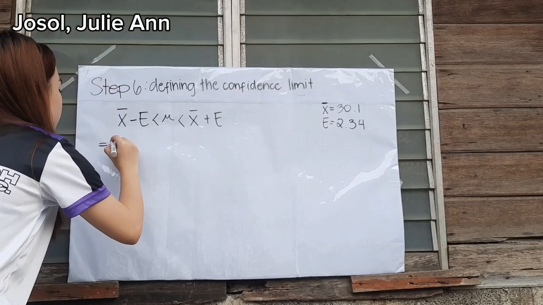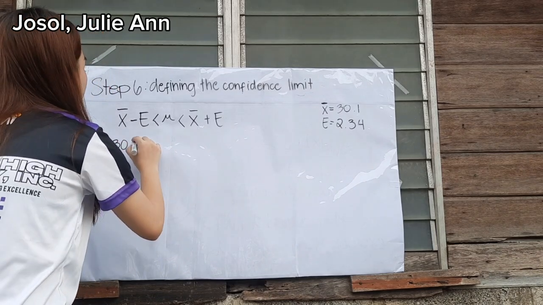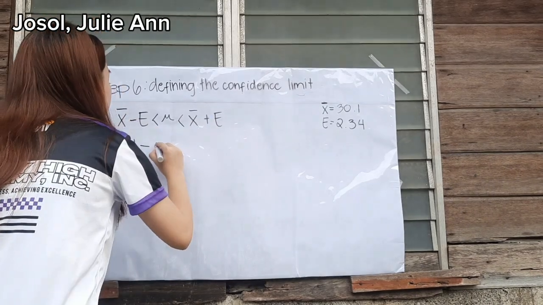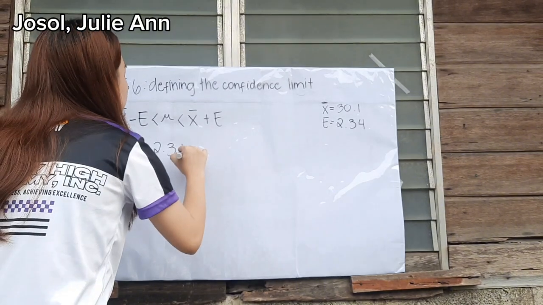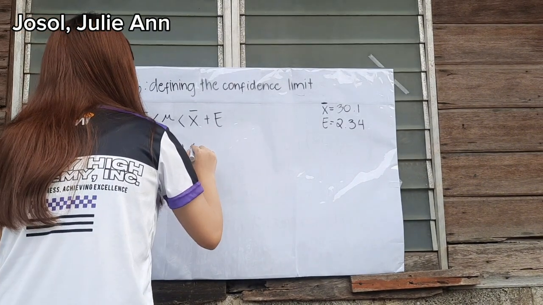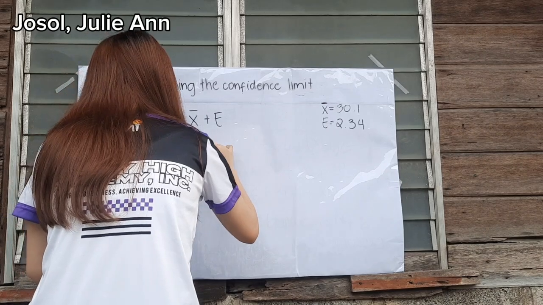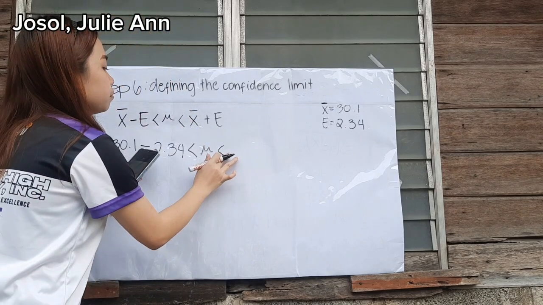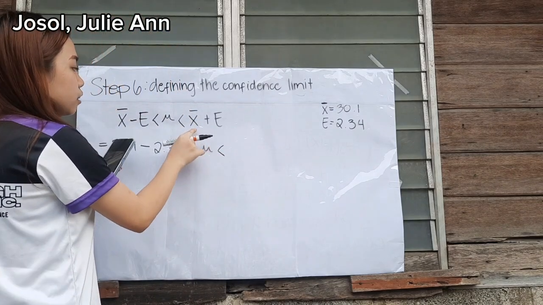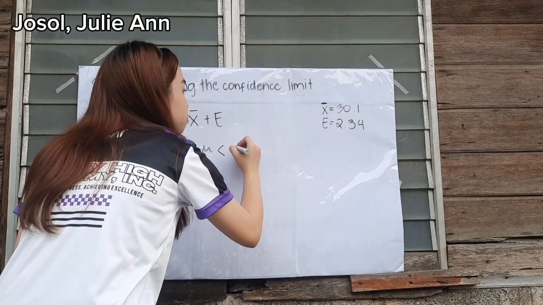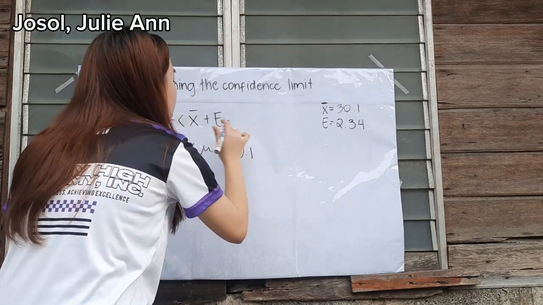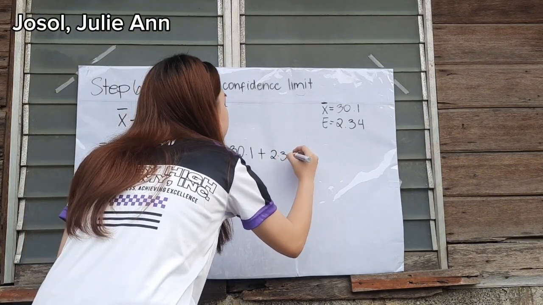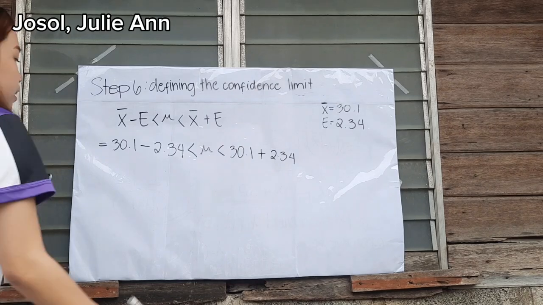Sample mean is 30.1 minus margin of error 2.34, population mean, and sample mean plus margin of error, then solve.